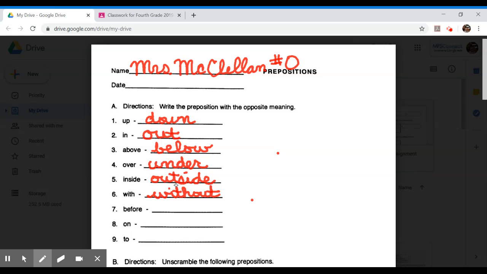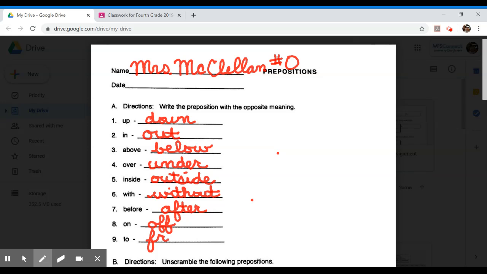Okay, before, the opposite of before something is after. Okay, on, opposite of on is off. Opposite of to is from.